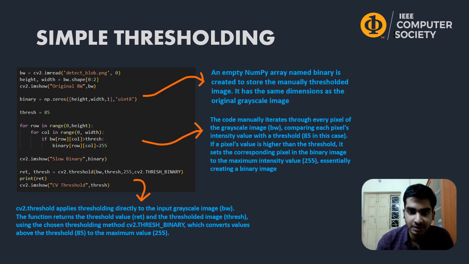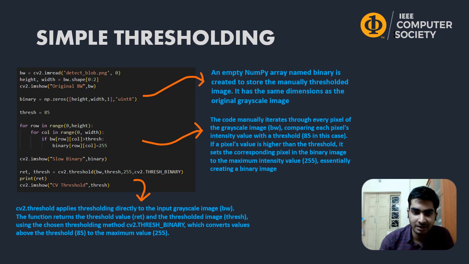The first way is the manual way and it's a slower way. We are using a for loop here, for row in range 0 to height and for column in range 0 to width. If the row comma column is greater than the thresh value, which we have set as 85 here, then we are setting that particular value as a white color. The values which are lesser than thresh will remain black.